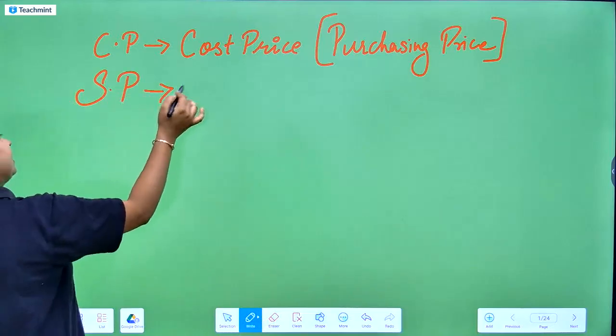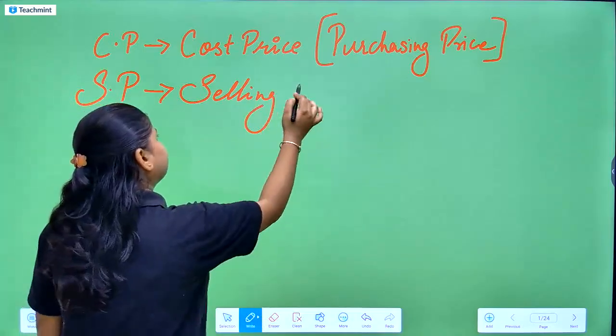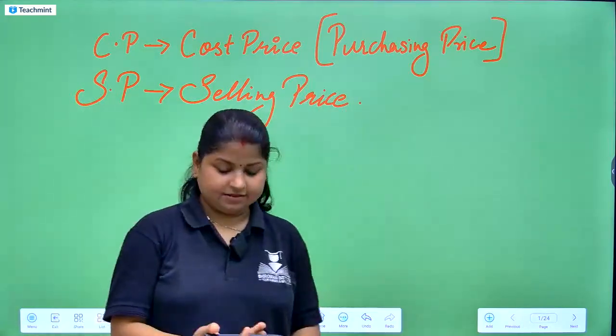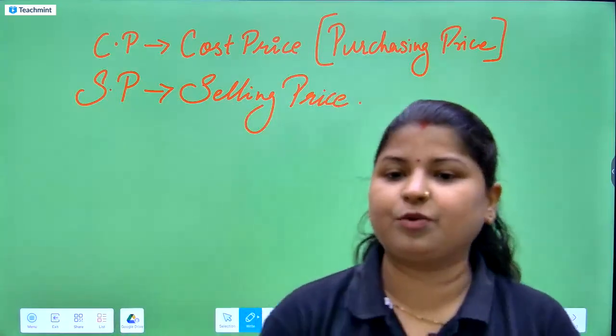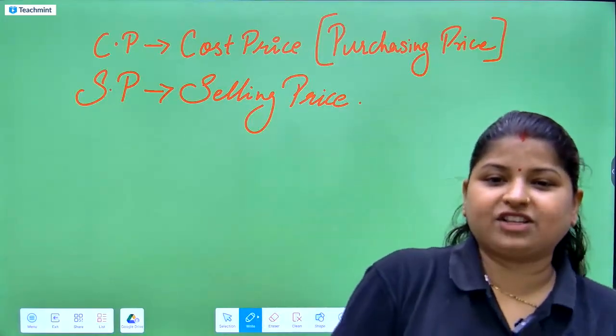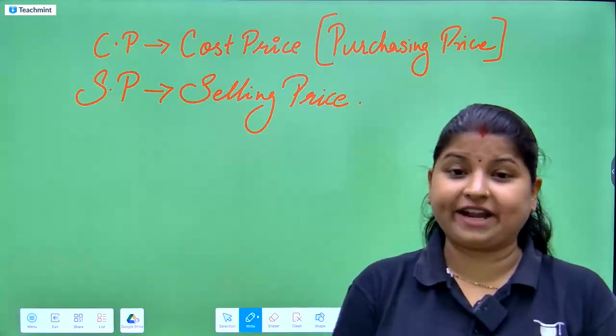And SP is selling price. Selling price is the price at which you sell something. Suppose you buy the chips in 20 rupees and then you take that chips to school, and in school you sell that to your friend.